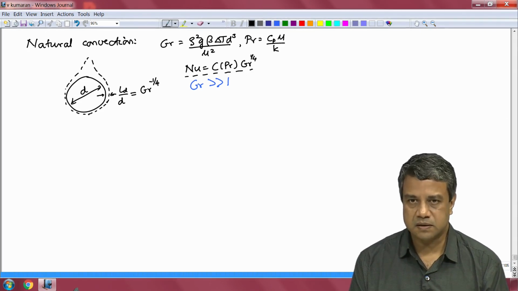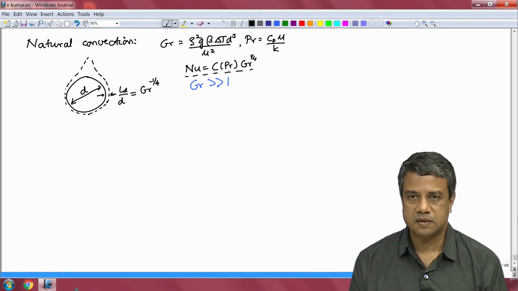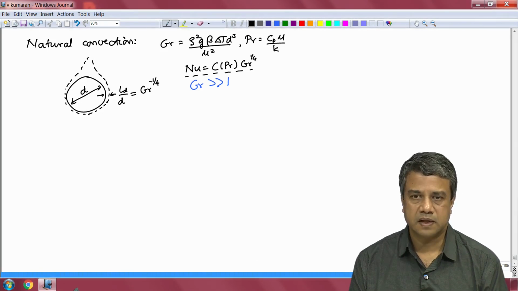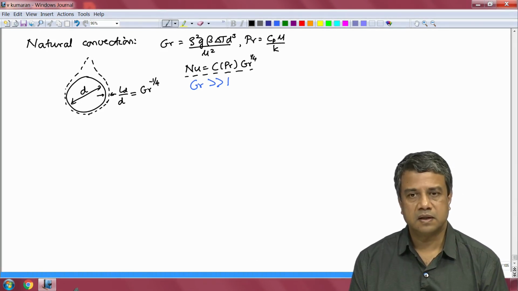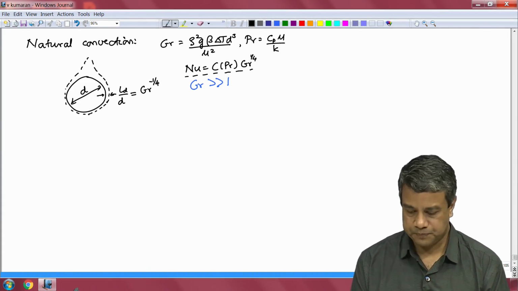And in that case, you can assume that the correlations of this kind that are derived for steady configurations with a constant temperature difference between the surface and the bulk are valid, provided the characteristic length is much larger than the diffusion length, or the characteristic time for the evolution of the temperature field is much larger than the diffusion time.